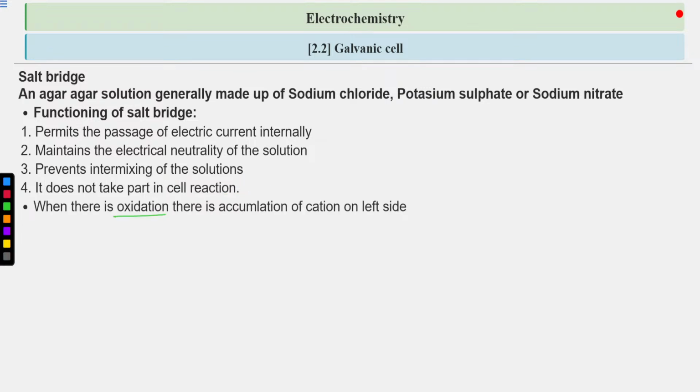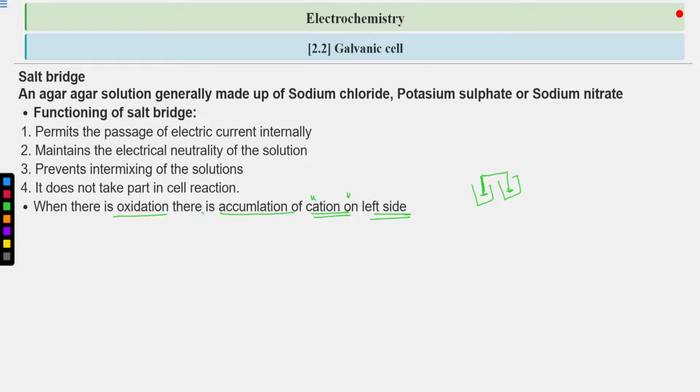When there is oxidation, there is accumulation of cations on the left side. So when there is an oxidation process, releasing of electrons is happening, and there will be accumulation of cations on the left side, that means the left electrode. We have this salt bridge, and we have two solutions.